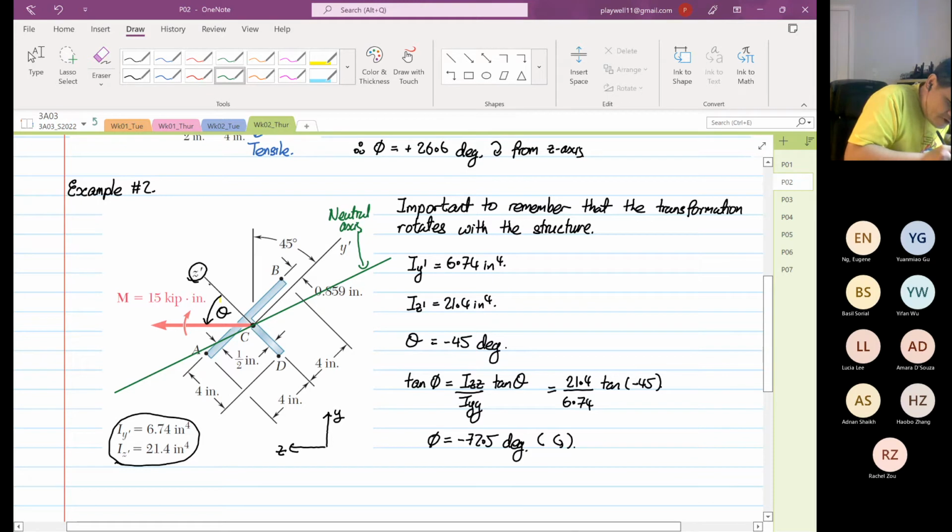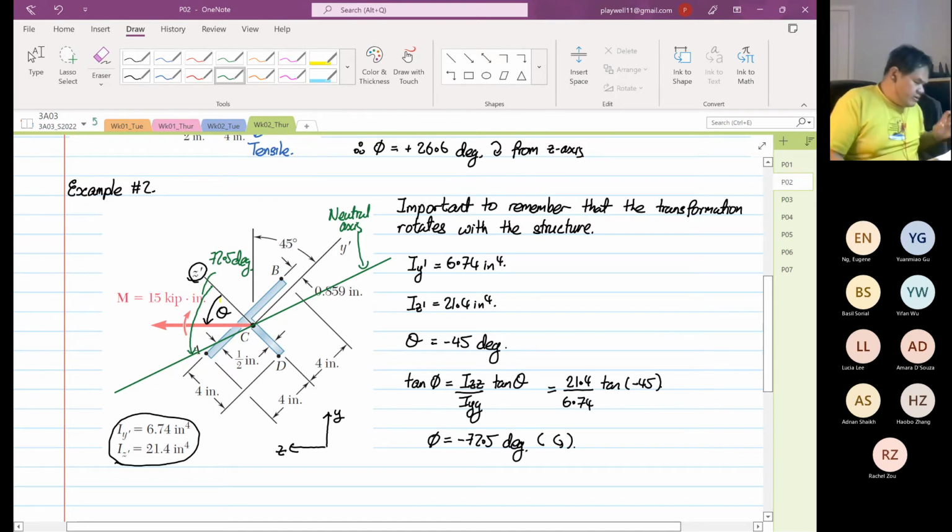72.5 is measured in this direction. Okay, so this is equal to 72.5 degrees. Okay, that is the orientation.